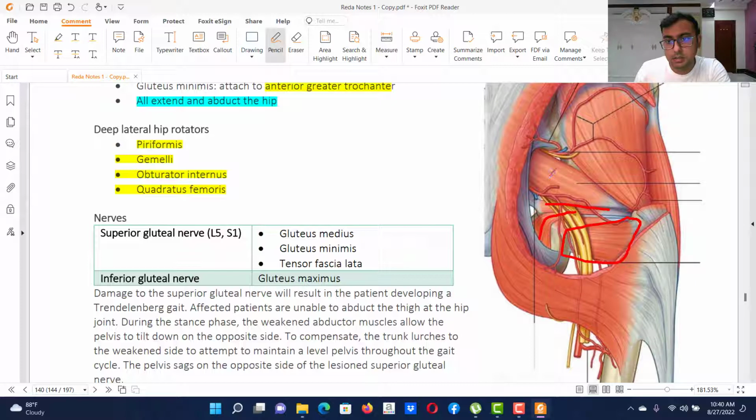These muscles will laterally rotate the hip joint. So quadratus femoris, piriformis, sorry, this is not piriformis, this is the obturator muscle, obturator externus.